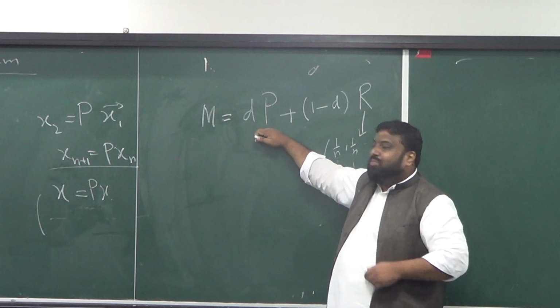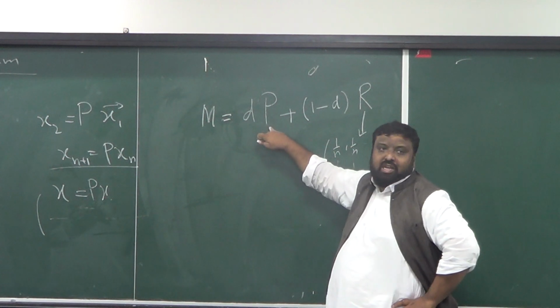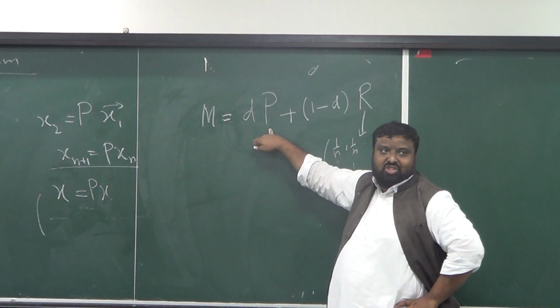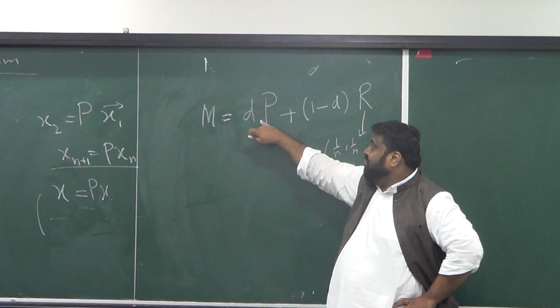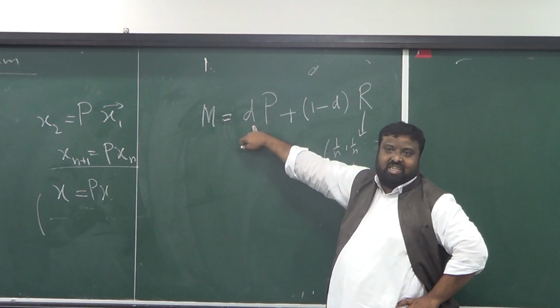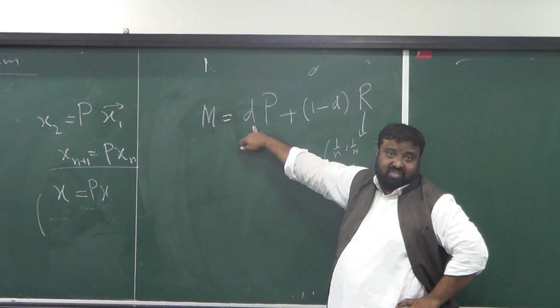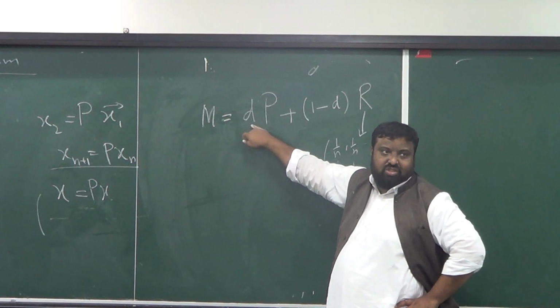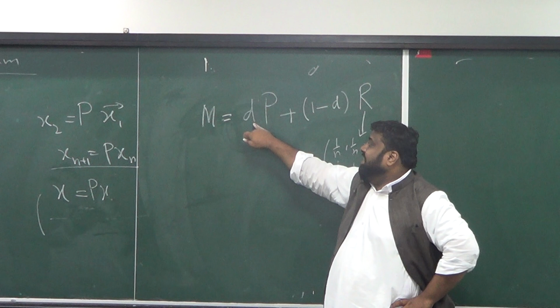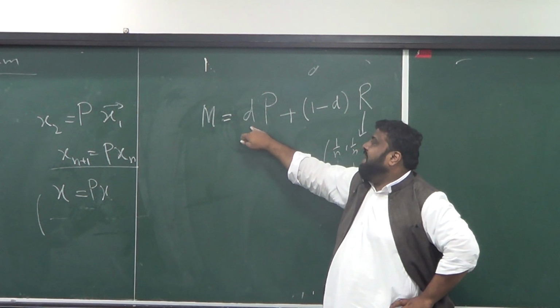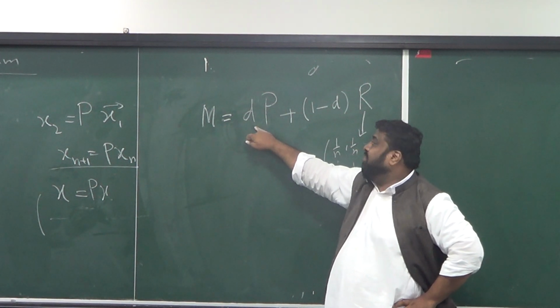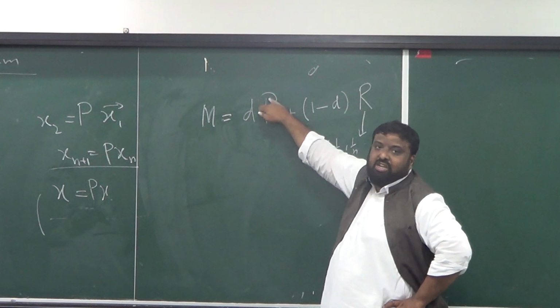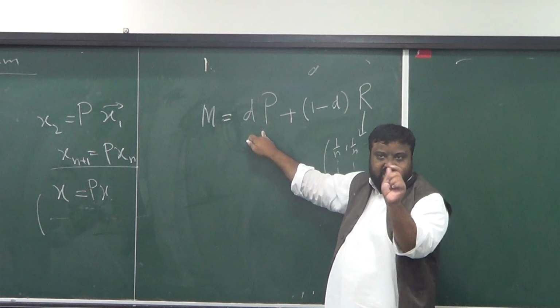If you want these probabilities not to change too much, you must take this D closer to 1. Once you take this D closer to 1, you are multiplying a number closer to 1 with each entry of the P, so it's not going to change P too much.